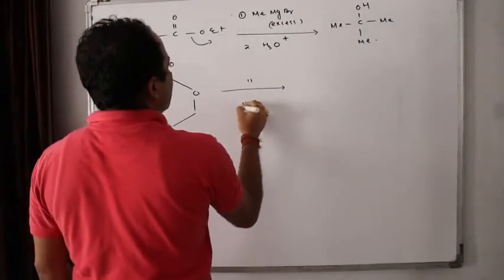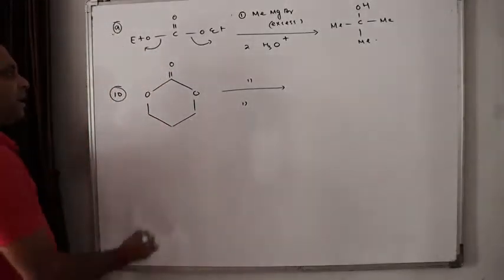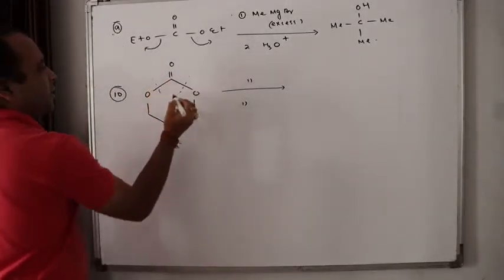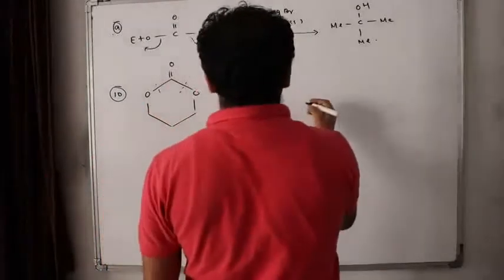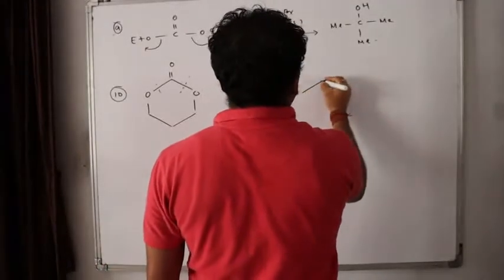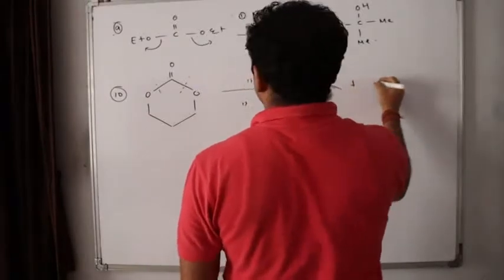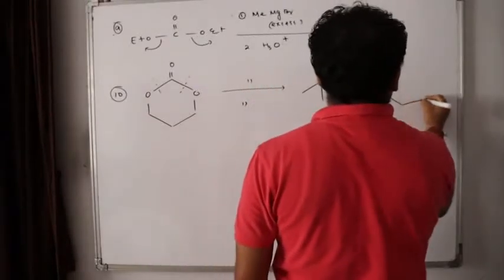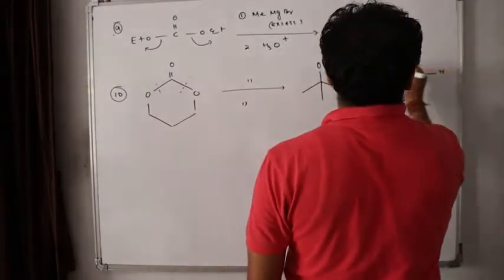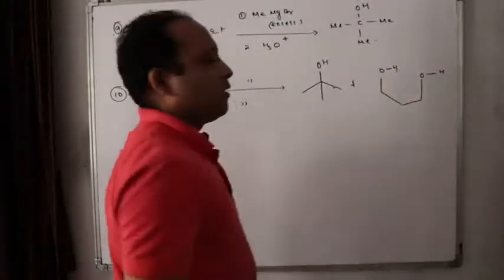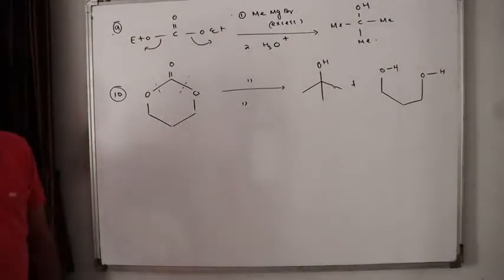Methyl magnesium followed by hydrolysis. What will happen? Again, this part will be cut off, and what will I be getting here? A tertiary alcohol. Do you agree with me or not? Yes or no? Easy? Doubt?